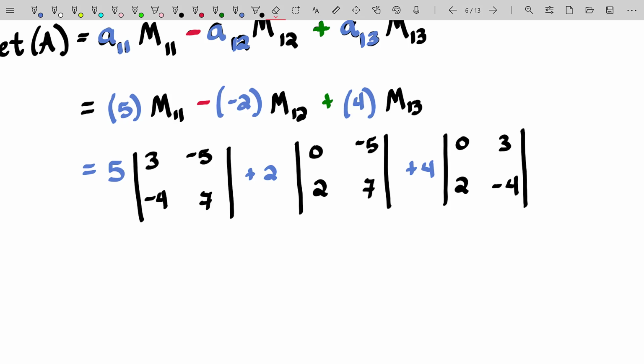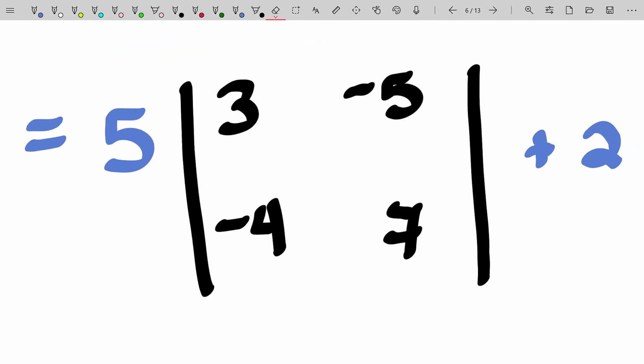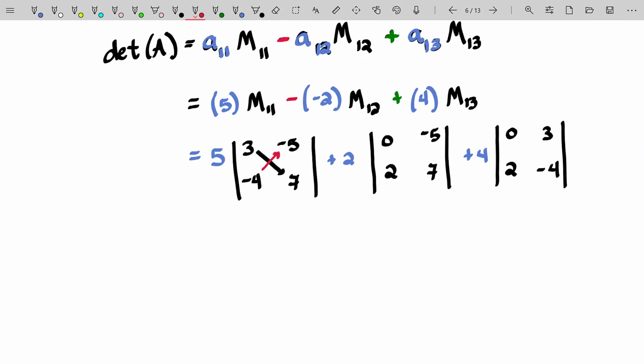So if I started with a 4 by 4, it would break into a summation of the determinants of 3 by 3 matrices, and each of those would break into a summation of determinants of 2 by 2 matrices. And technically speaking, we really only know how to compute the determinant of a 2 by 2 matrix arithmetically. And that is just going to be, just to remind you, the product of the main diagonal minus the product of the off diagonal. So you will see a lot of arithmetic happen here.